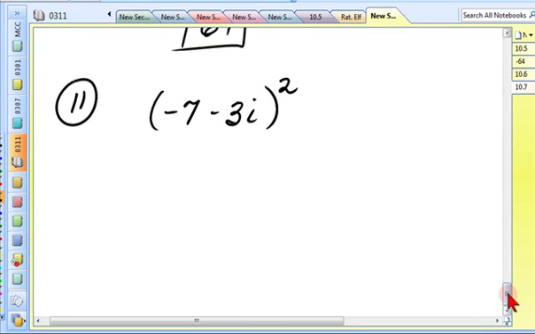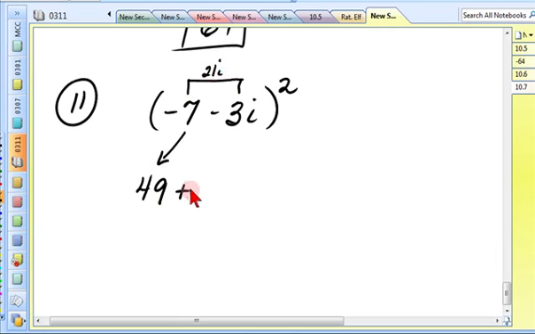Why don't we just practice and see if we can square it the way you can square a binomial. We'll try the shortcut, and then if you don't like it, I'll do it by FOIL. The product of the first, square it. What's -7 squared? 49. For the middle term, you multiply these two. -7 times -3i is 21i.